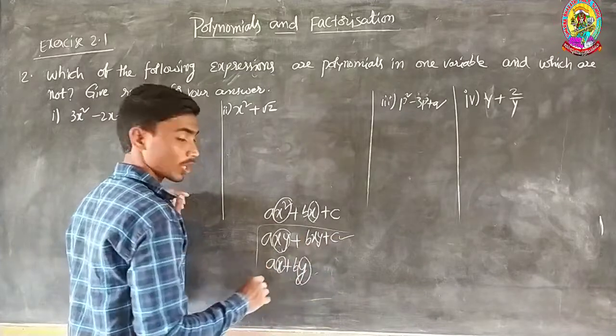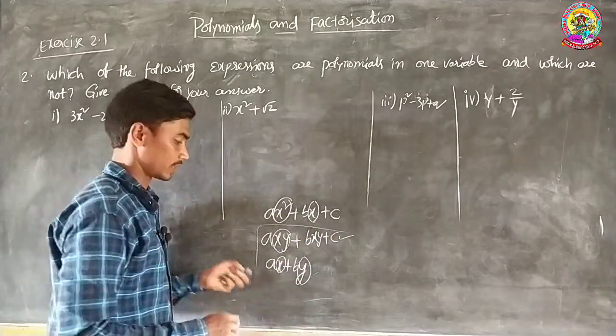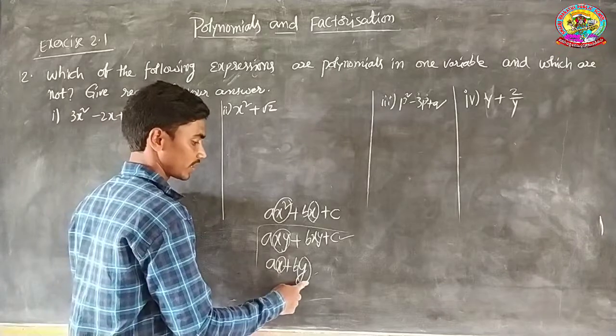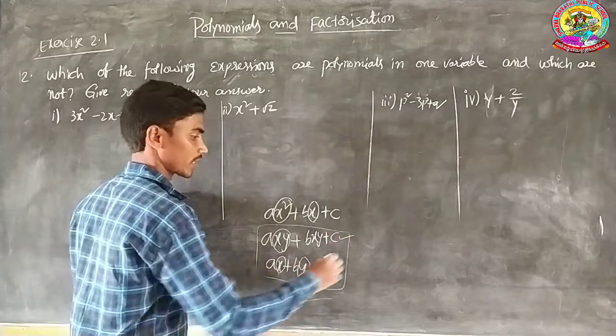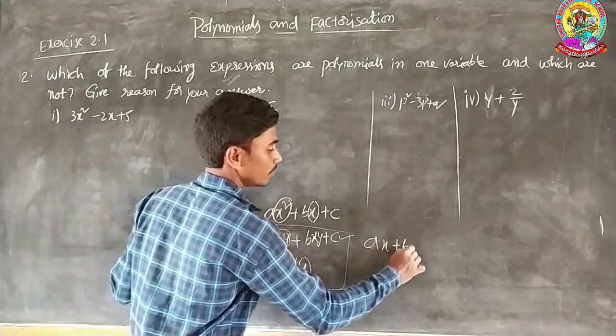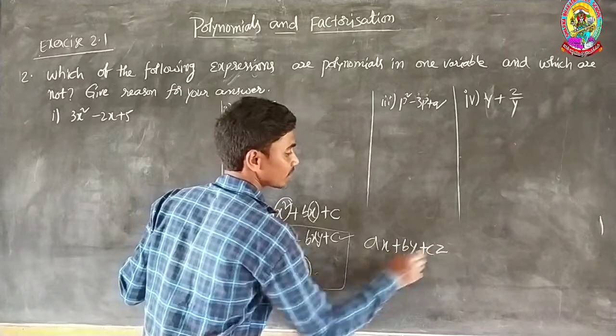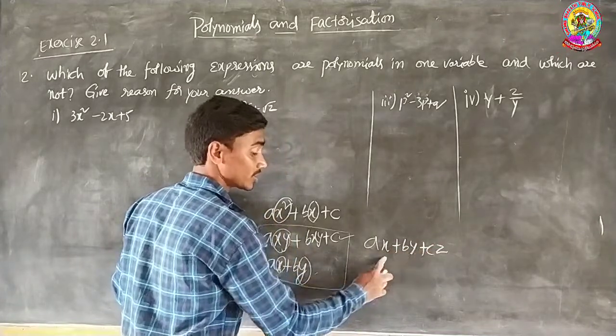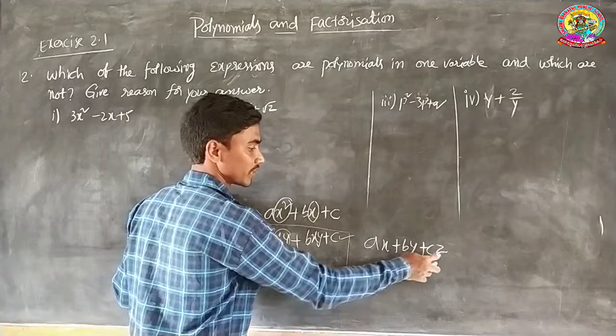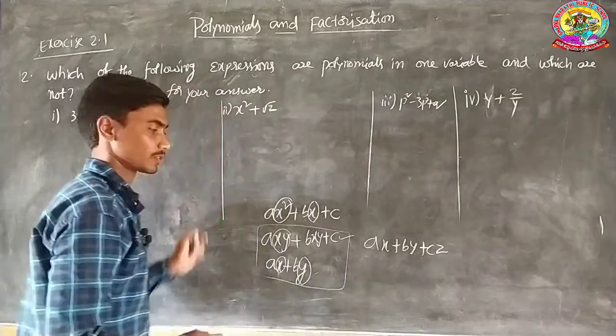These are polynomials in two variables. For example, ax plus by plus cz is a polynomial in three variables because it consists of three different variable terms.